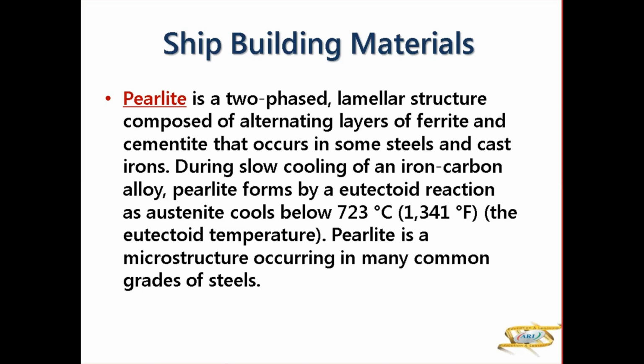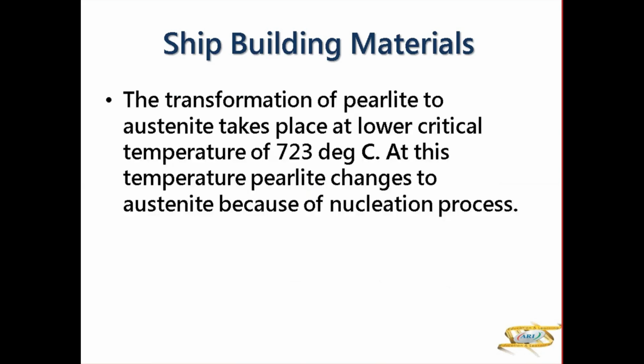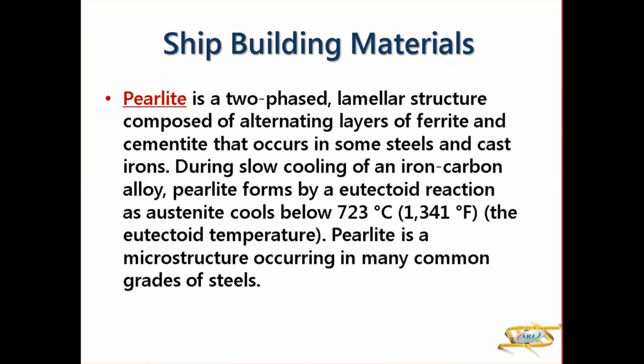It is in a plane phase. You see the structure here, with a pearl-like appearance. This is where heat treatment comes into the steel. It is a two-phase lamellar structure composed of alternating layers of ferrite and cementite, which is seen in steel and cast iron.